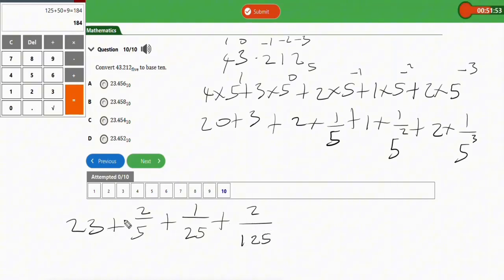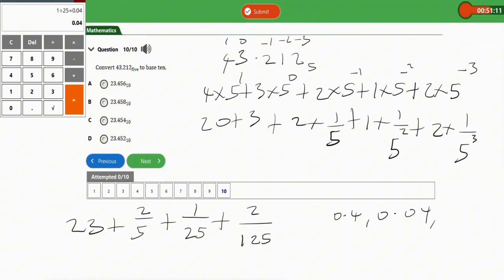Okay, now when you break this down the more, you can now make use of the calculator to simplify this fraction we have here. So 2 divide 5, so we have 0.4. Okay, so you can always write it down. We have 0.4, then you go again, 1 divide 25 give you 0.04.